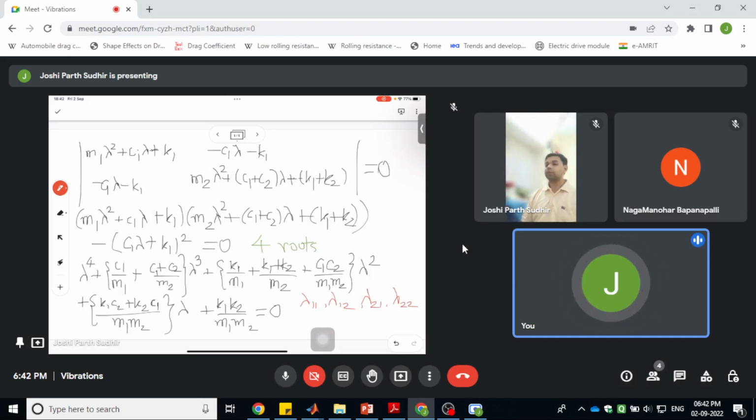So let us say lambda 1 1 and lambda 1 2 occur as a complex conjugate pair, and lambda 2 1 and lambda 2 2 are another complex conjugate pair.